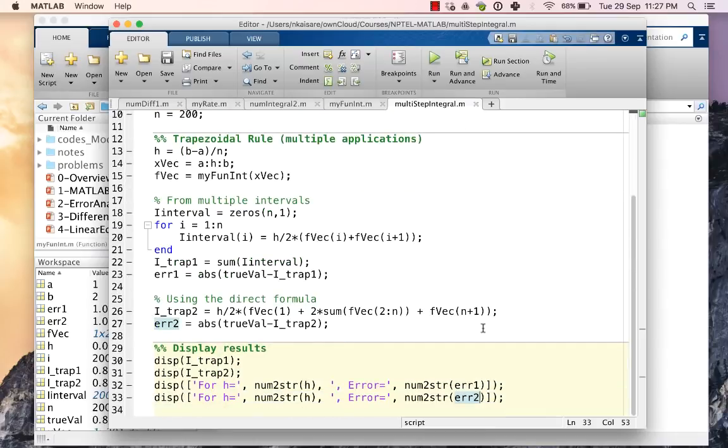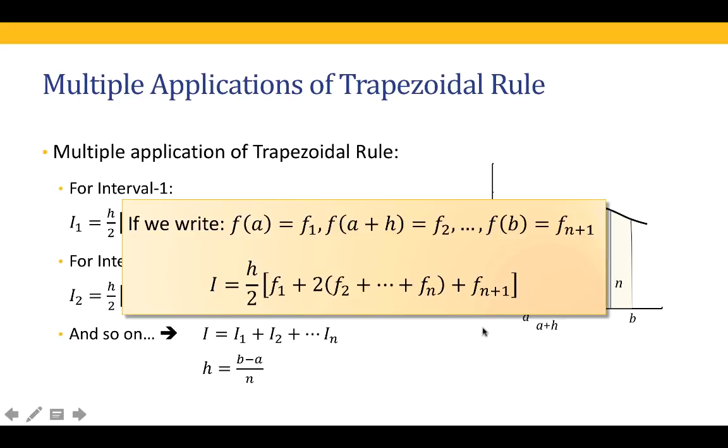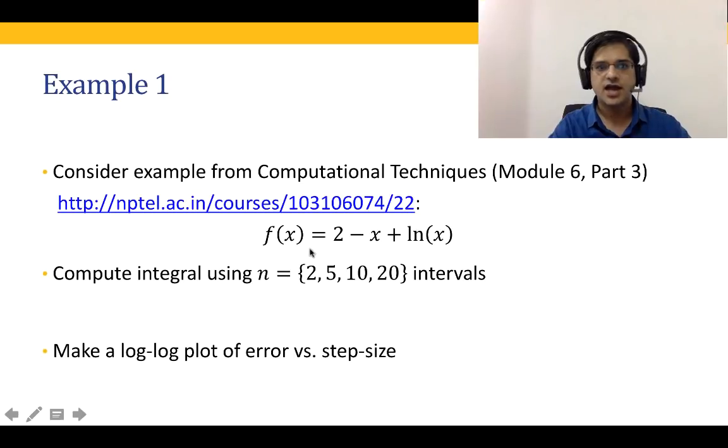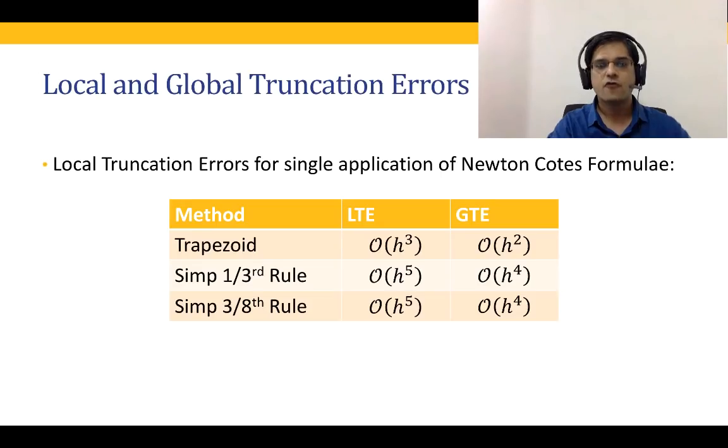So that is what we have primarily covered in today's lecture, and we have used that for the example of f(x) equal to 2 minus x plus ln x. What we also observed was that for the trapezoidal rule, the global truncation error is h to the power 2. So it's a second order accurate method when we use multiple applications of the trapezoidal rule. In contrast, the local truncation error was h to the power 3 for the trapezoidal rule.